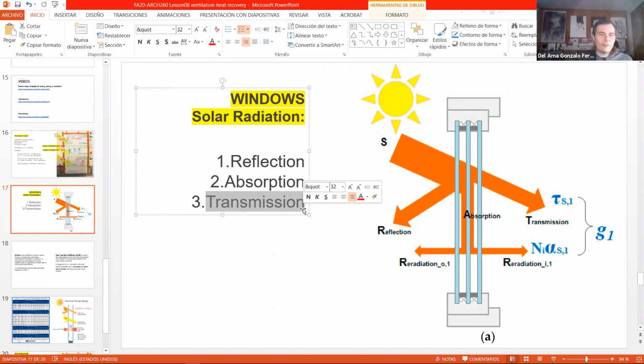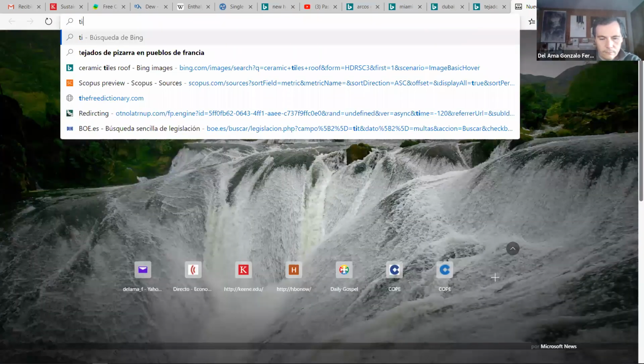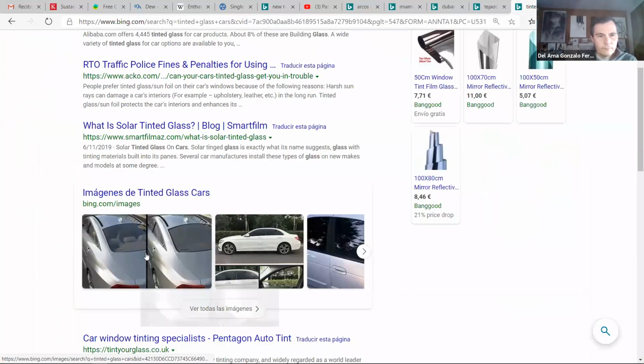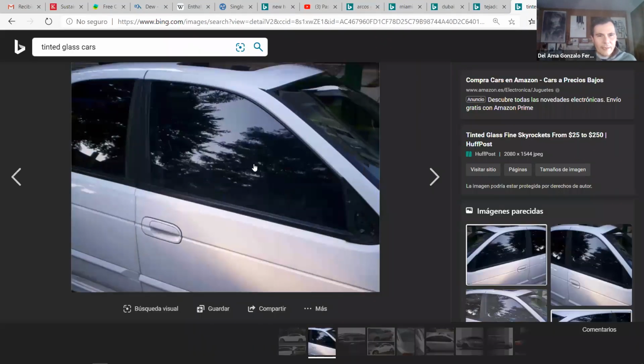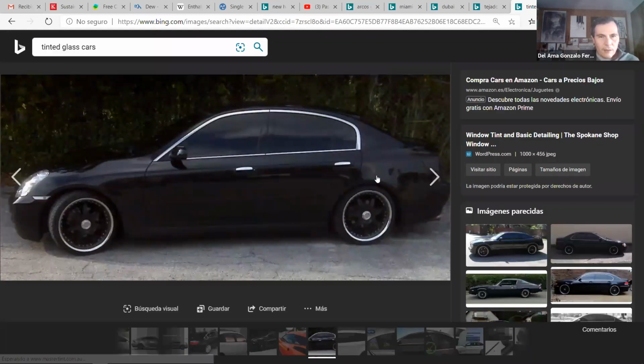We all understand that we can have tinted glasses, for example, in cars. Okay, so we know that in cars we have glasses that are almost black. So we tend to think that glass is transparent. It's not. Okay, so this glass is reflecting a lot of energy.